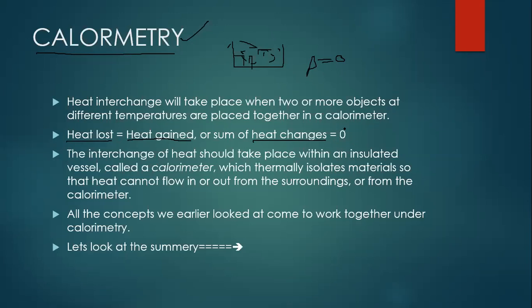We are not getting a torch or a brazier and putting a container on it to study calorimetry. We study calorimetry when the system is isolated, such that internally things can just happen. Heat can be lost and heat can be gained.